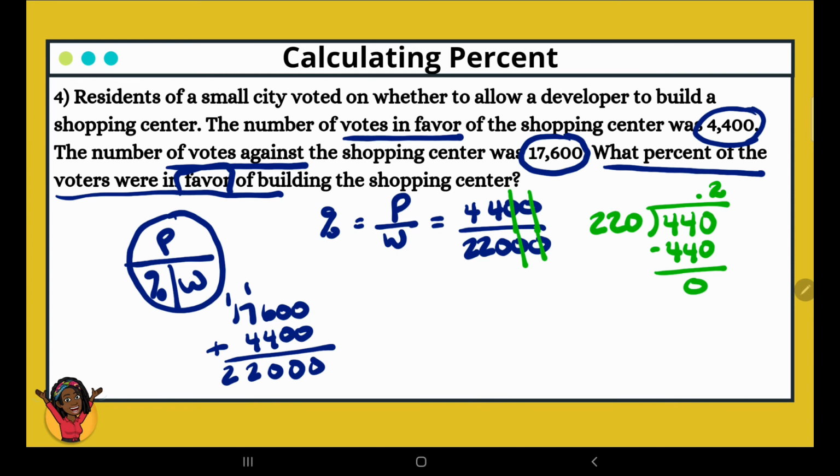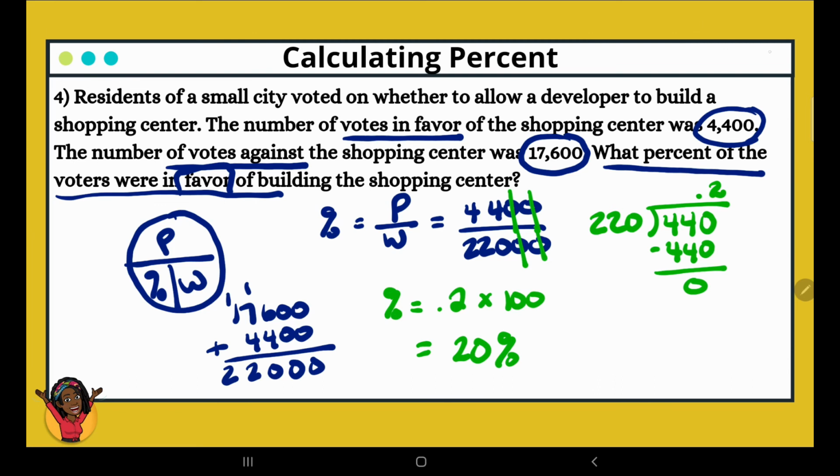Okay, so here we're going to work with 0.2. Now we must take our decimal and multiply it by 100. And multiplying by 100 will move two decimal places to the right. So that will be equal to 20. And then I must include my percent sign for 20%.